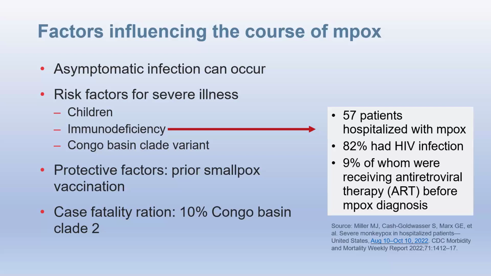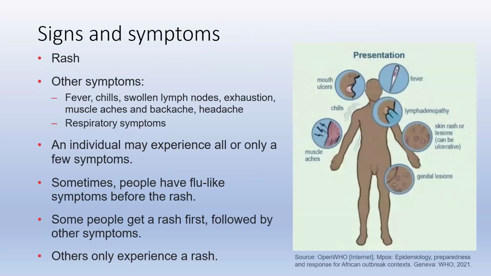Also, infection with the Congo Basin clade has been associated with severe illness. People who have had prior smallpox vaccination or were previously infected with smallpox, this is protective. And as I've said, the Congo Basin clade is associated with a higher case fatality rate of around 10%.